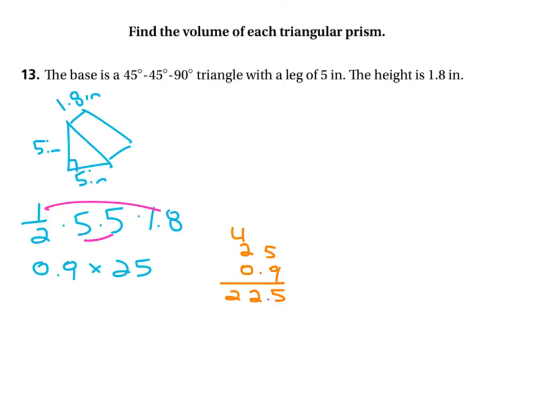Okay? And that was all the calculations. That was a leg of 5, 45, 45, 90, so the two legs will be the base and the height of that triangle. 5 times 5, that's 25. And this 1/2 times 1.8 is 0.9. So doing those multiplied together, you get 22.5.